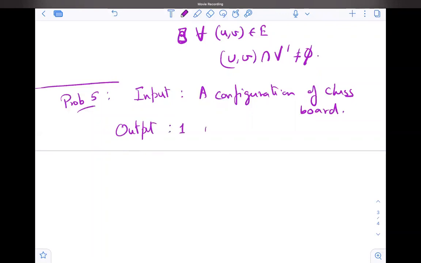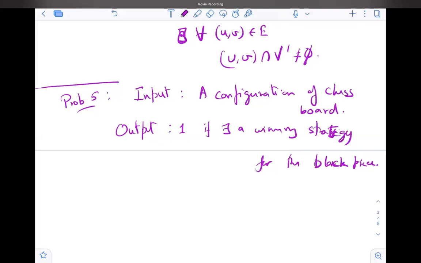Now the output is 1 if there exists a winning strategy for the black piece. So the question is, does black have a winning strategy?